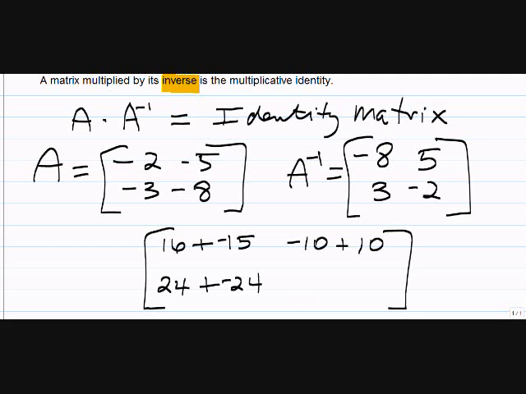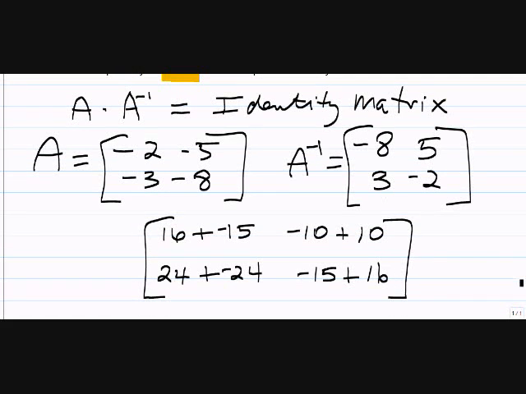Row 2, column 2, -3 times 5, -15, plus -8 times -2, positive 16. So what is that matrix? 1, 0, 0, 1. When I multiply a matrix times its inverse, I get this identity matrix.